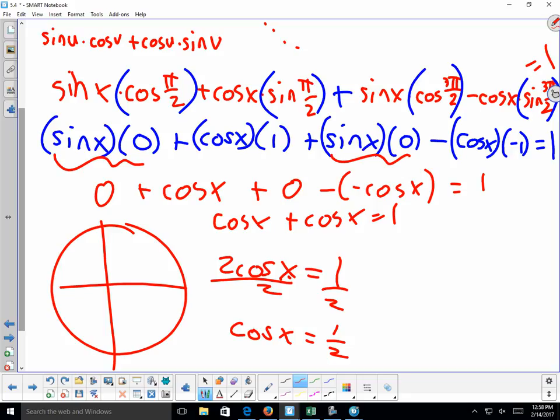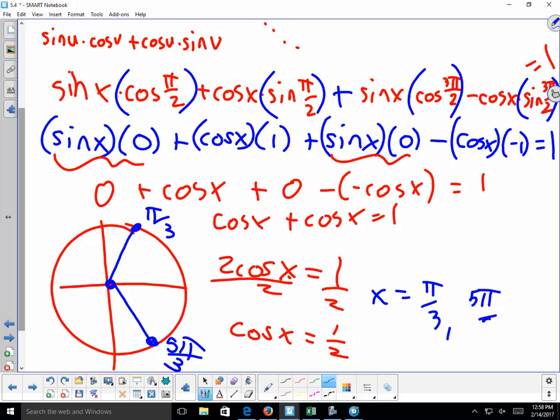So where on the unit circle between 0 and 2 pi is the cosine equal to 1/2? Pi over 3 and 5 pi over 3. Do people agree with that? Okay, so I think those would be our only solutions that we would need to list here. Are we okay with this?